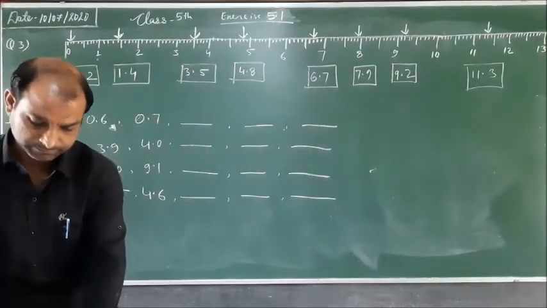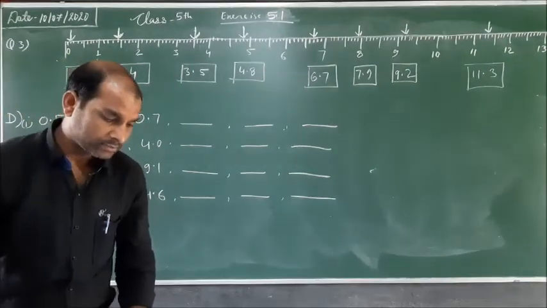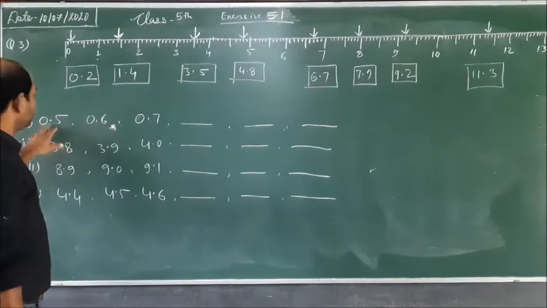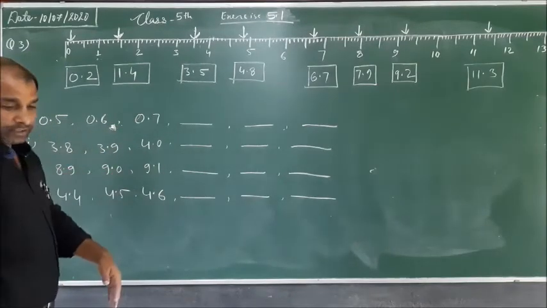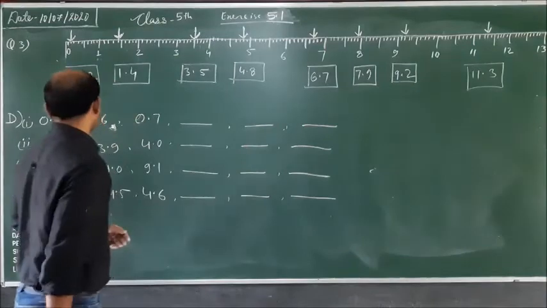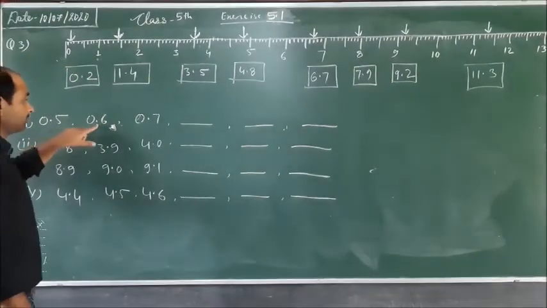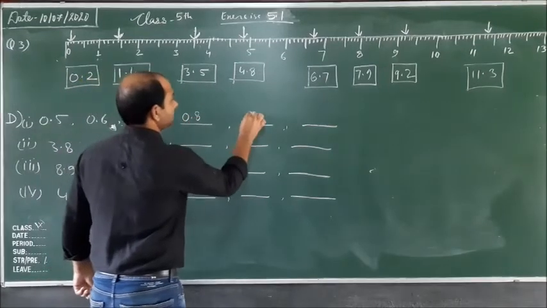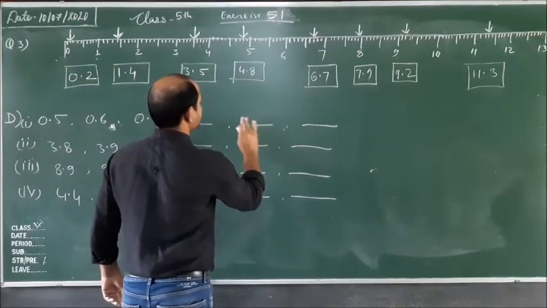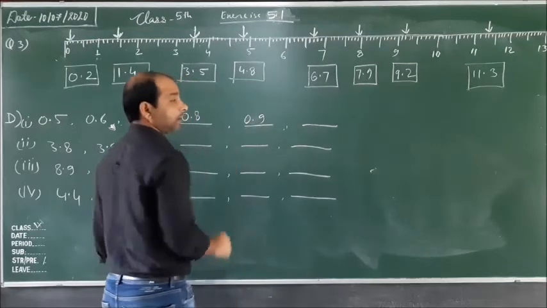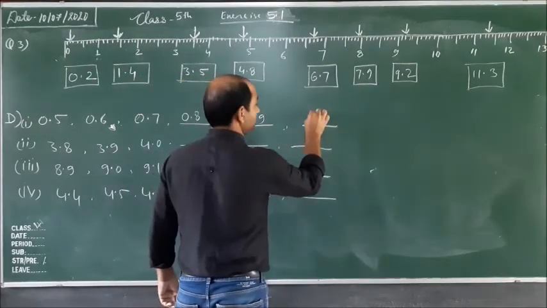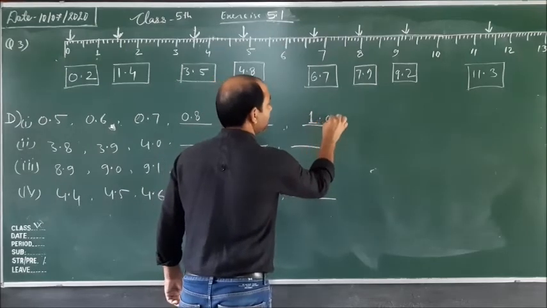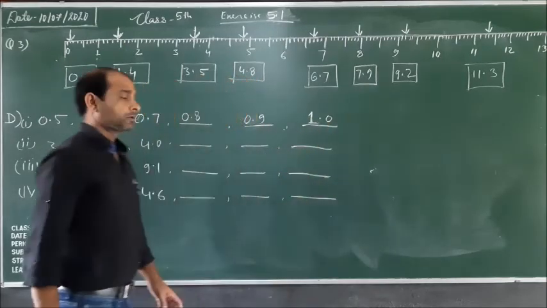Now question number 4: write the next 3 decimals. We write the next 3 decimals. So 0.5, 0.6, 0.7, then 0.8, 0.9 and then 1.0.